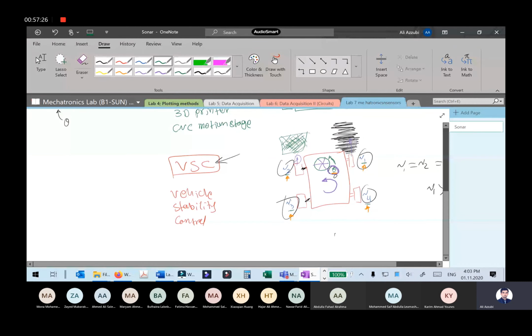Now if you apply some brakes, what will happen? At this side the friction is very, very small, but here the wheel is tightly gripping the ground. So the car will try to skid this way, but you as a driver are steering this way. Automatically the computer will brake these wheels here and here in order to counteract this skidding or slipping situation.